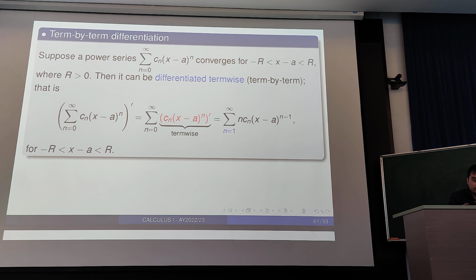Take a look at this formula to see what differentiating term-wise means. If we take the derivative of this power series, you can do it term-wise. That means you differentiate term by term.